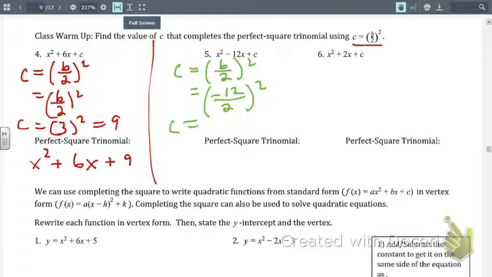So negative 12 divided by 2 gives us negative 6 squared. That's a positive 36. So our resulting perfect square trinomial will be x squared minus 12x plus 36.